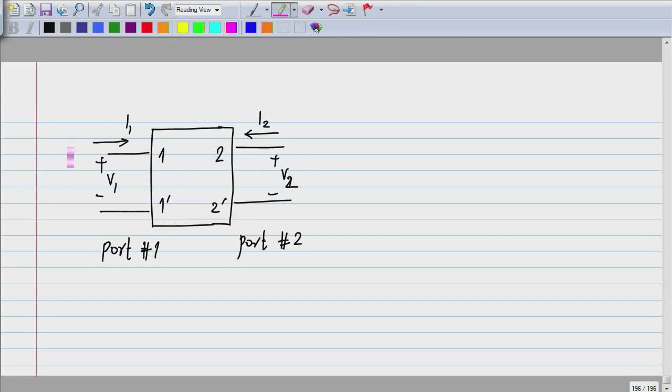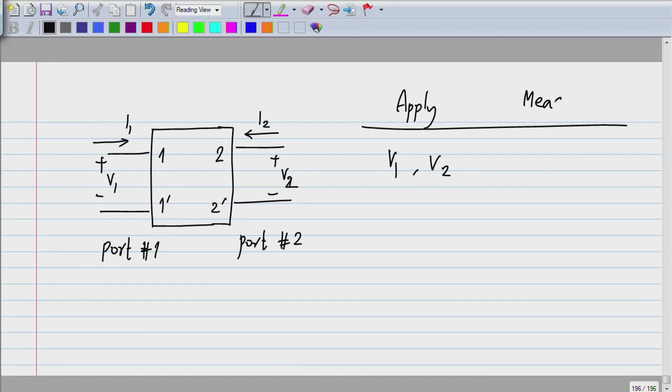Now, we can apply either voltage sources or current sources to either side and measure the remaining two quantities. So, for instance, we can apply V1 and V2 and measure I1 and I2. When I say measure, what I mean is I write I1 and I2 in terms of V1 and V2.